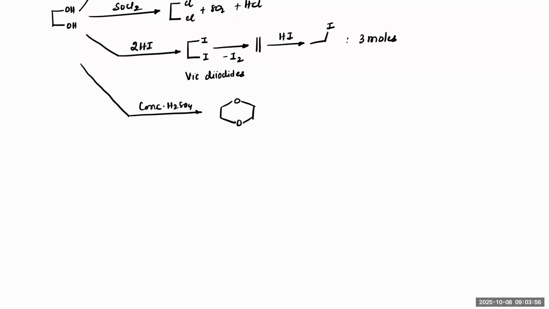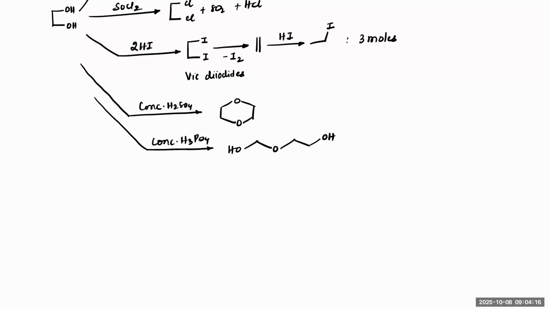This is called dioxane. Similarly, if I react this with concentrated H3PO4, it will get the polymerized form. So that means OH and oxygen are connected here, and then we'll have OH here like this. This is the form which you will have.